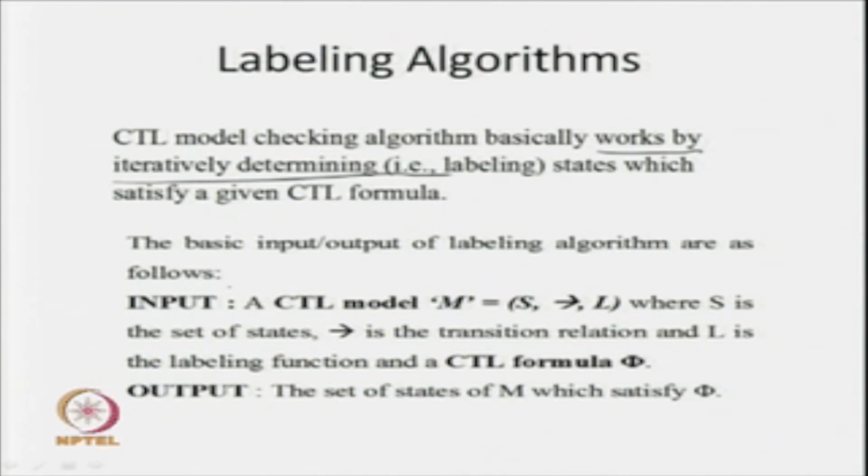The basic input and output of the labeling algorithm are as follows. The input is a CTL model M, which consists of a set of states S, a transition relation, and a labeling function L, along with a CTL formula phi. The output is the states of M which satisfy phi.